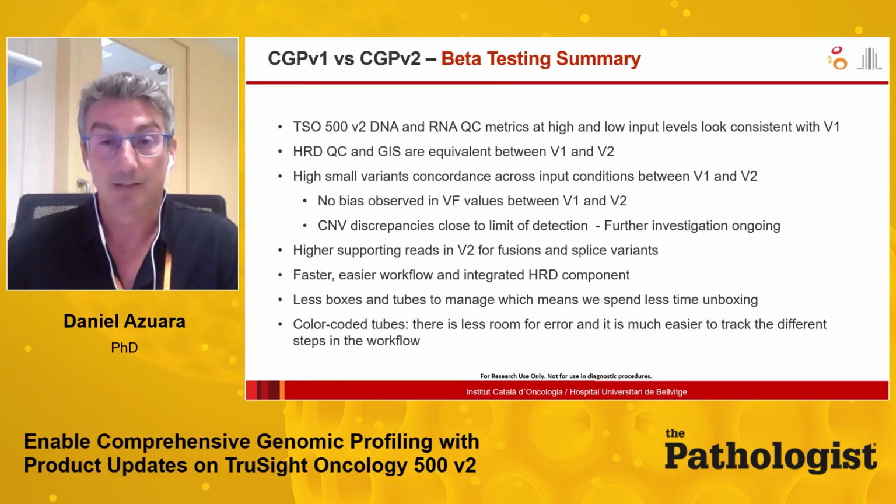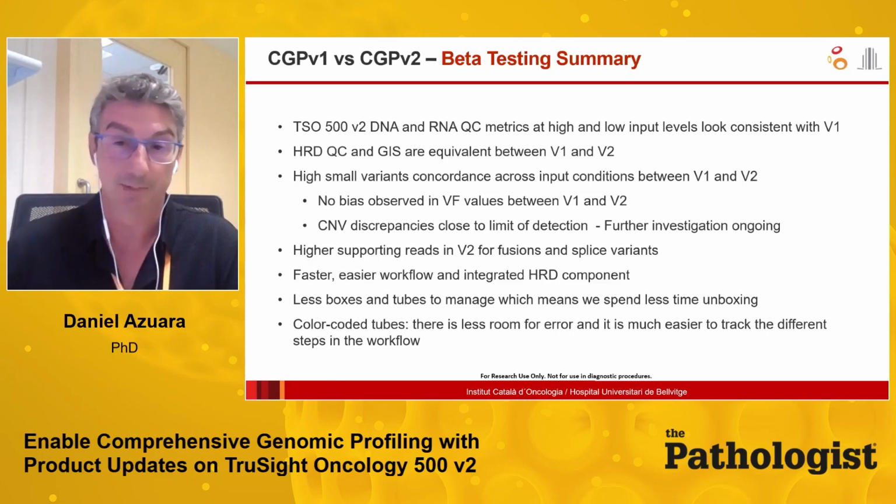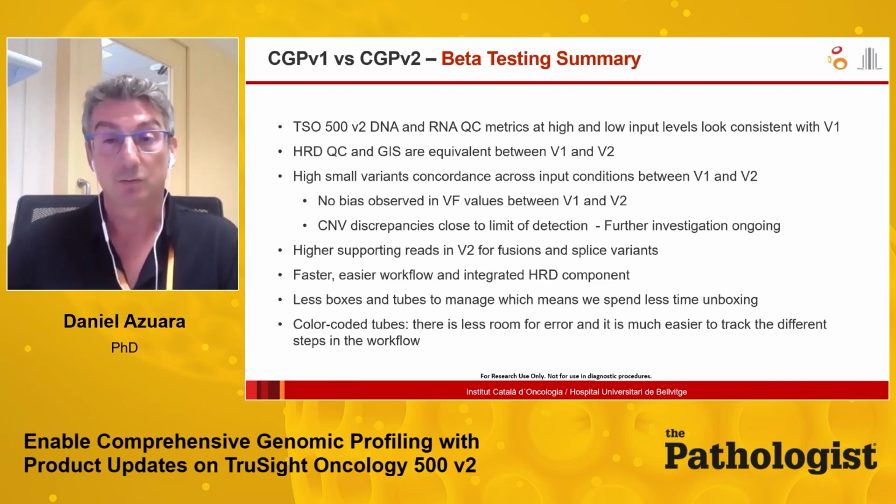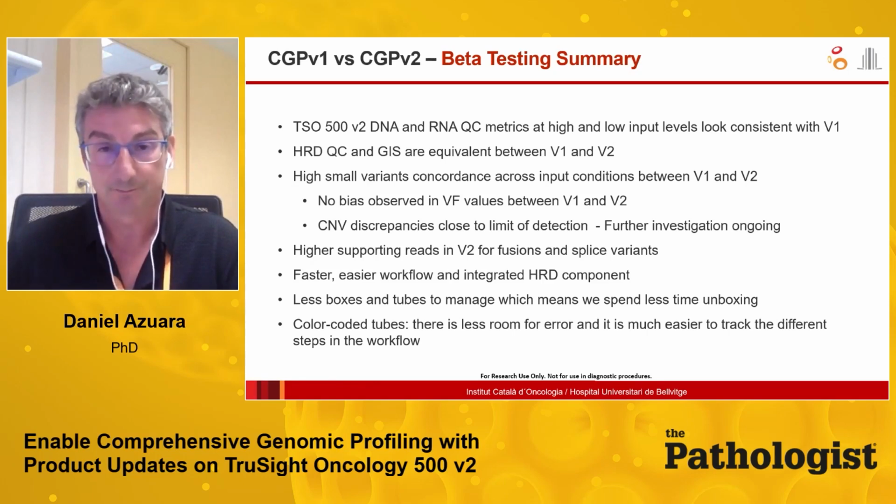High small variant concordance across input conditions between V1 and V2, because no bias was observed in variant frequency values between V1 and V2, and SNV discrepancies are close to the limit of detection, and further investigation is ongoing. Higher supporting rates in version 2 for fusions and splice variants are also observed.